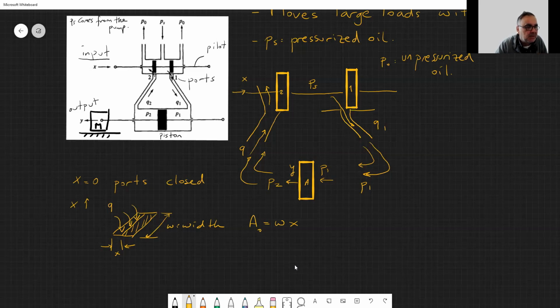In that case, for negative X, P2 is greater than P1 and the piston moves towards the right, not towards the left. As you see, we have defined positive values for X and Y. X towards the left is positive, and Y towards the right is positive, because when X moves towards the left, Y moves towards the right. Do you understand this?